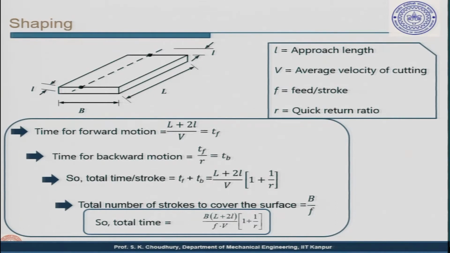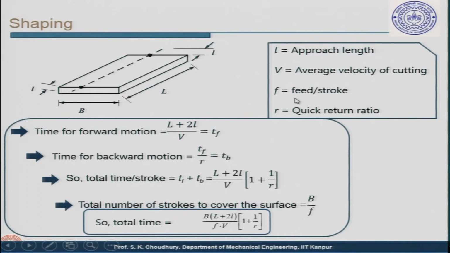So, then the total time will be B into L plus 2l divided by V, and here you have F into 1 plus 1 by R. So, this is the total time taken to cover the entire surface and make the entire flat.